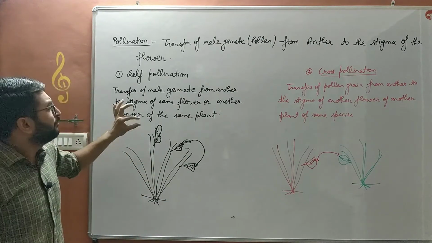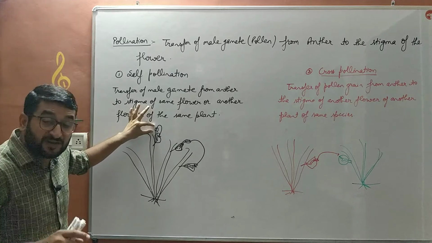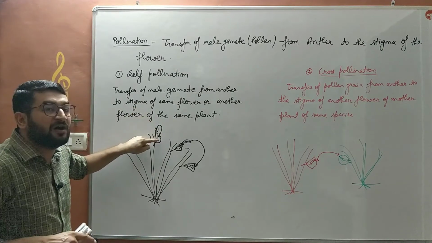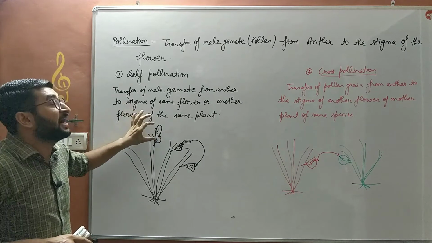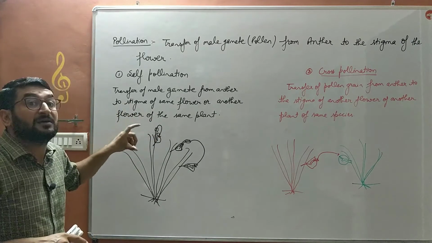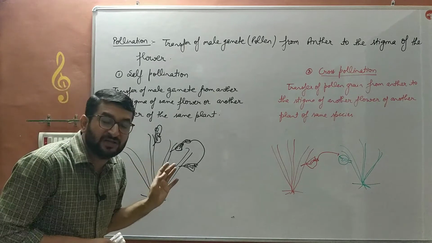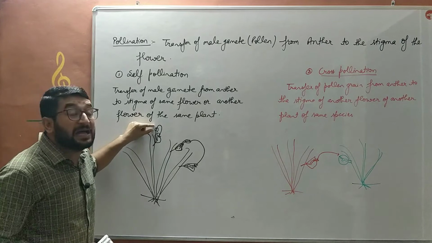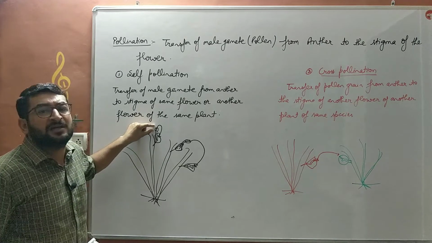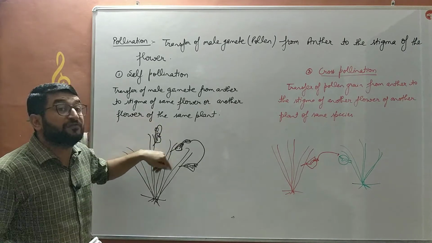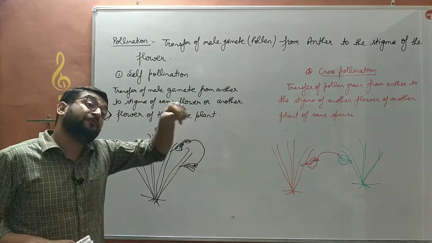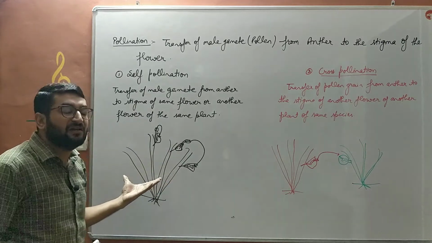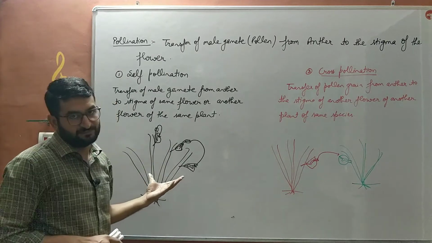If the pollen grain from the anther of one plant is transferred to the stigma of the same flower on the same plant, that is known as self-pollination. As well as if pollen grain from the anther of one flower is transferred to the stigma of another flower of the same plant, then that is also referred to as self-pollination.